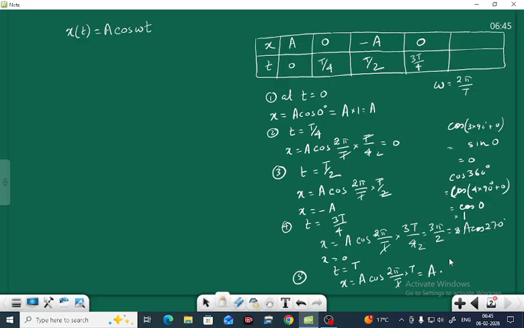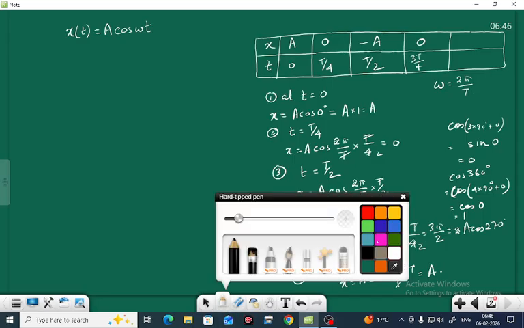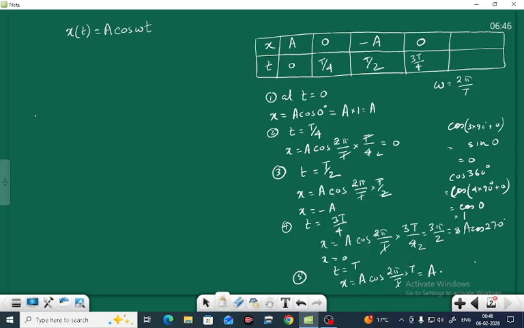Now we can draw the displacement time graph very easily. So we are plotting this graph here, x versus time.